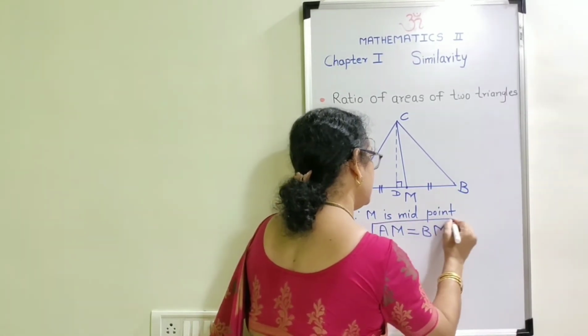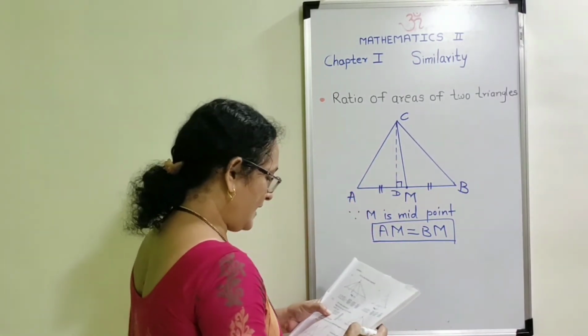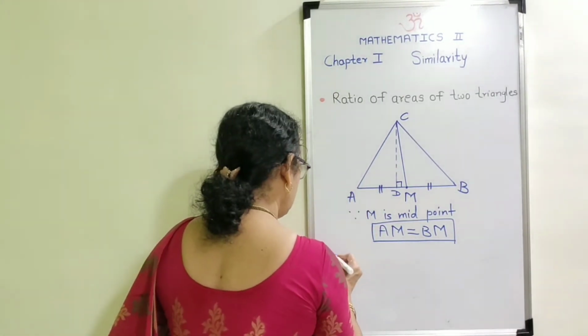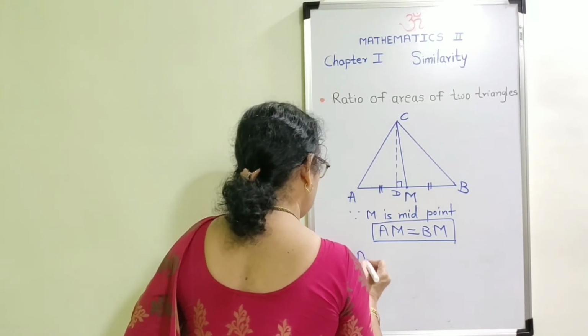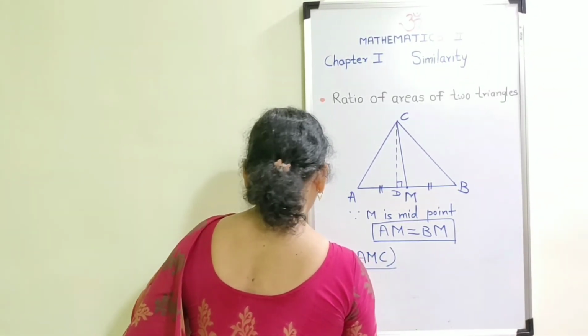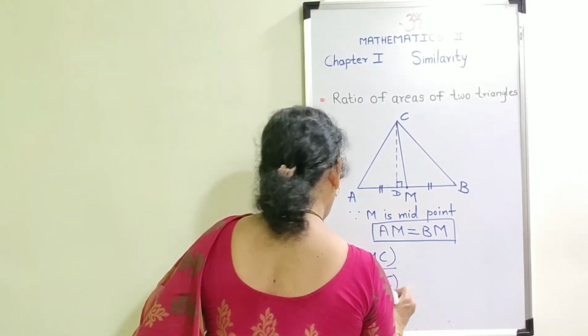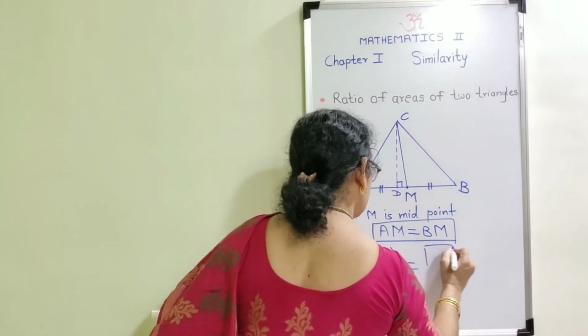This is the first thing I will get. Then what is asked is the area of triangle AMC and the area of triangle BMC. Here the first blanks are given.